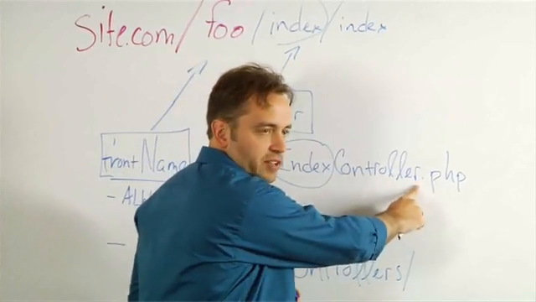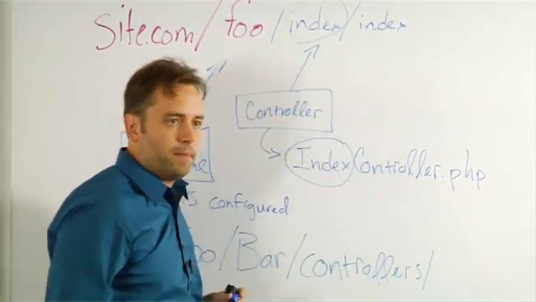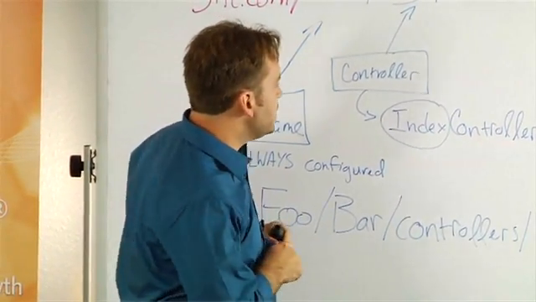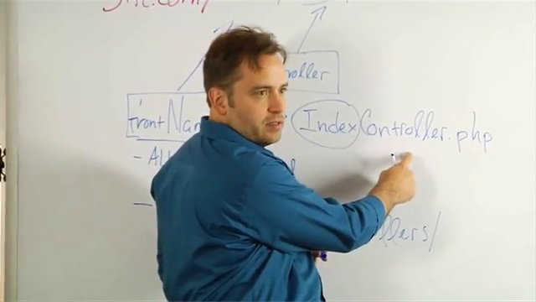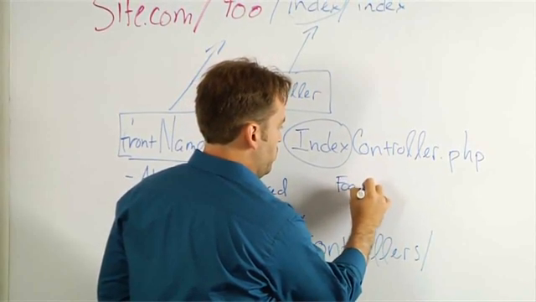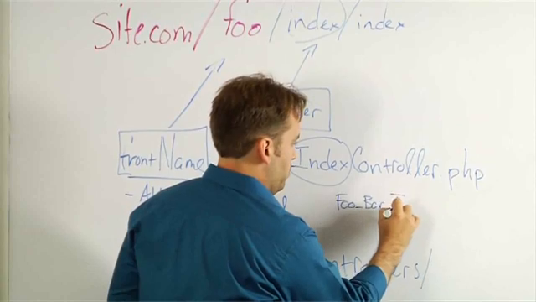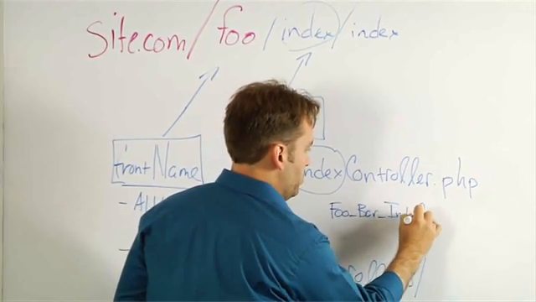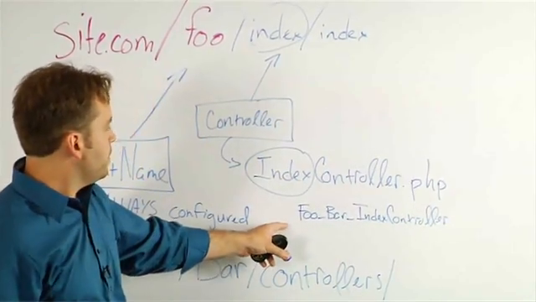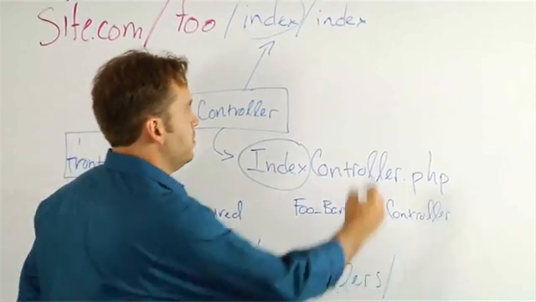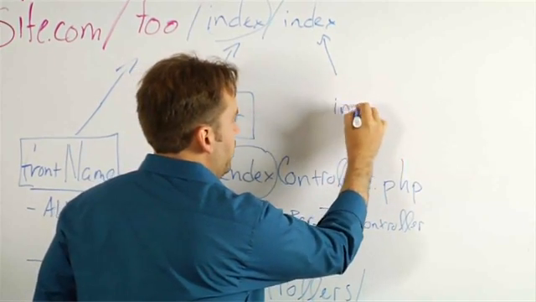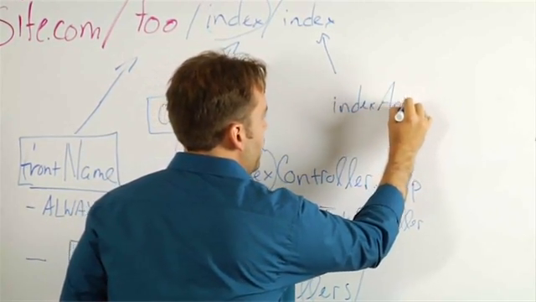And when you're making the file, you just append controller.php onto it. Again, specified in the code. And then internally, inside of this class, and this class would be foo bar index controller, is going to be, I hope, an index action.